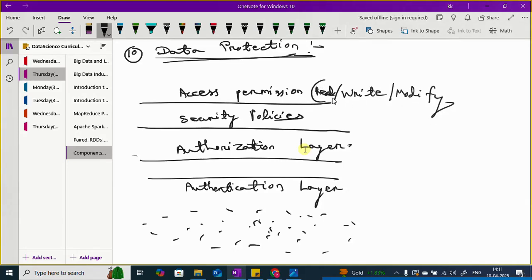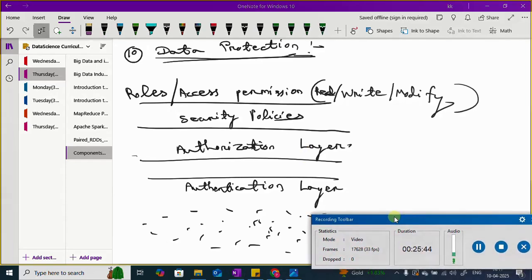Clear guys? Read, write, modify. So different access permissions and role permissions we can give, so that we can protect the data altogether. Clear guys? Any doubts?